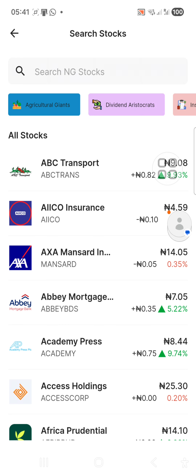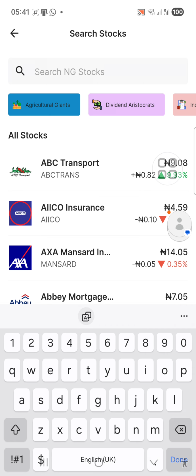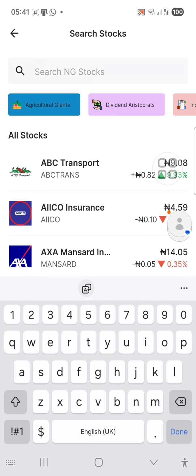You click on that, and then in the search NG stocks box, that box at the top, you click on it and you type in the name of the stock you want to buy. So let's say, for example, you want to buy Okomu.